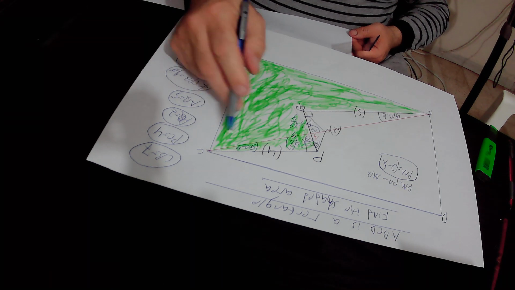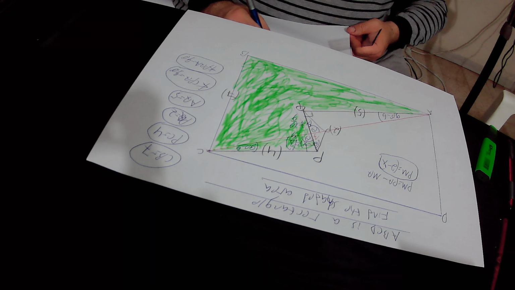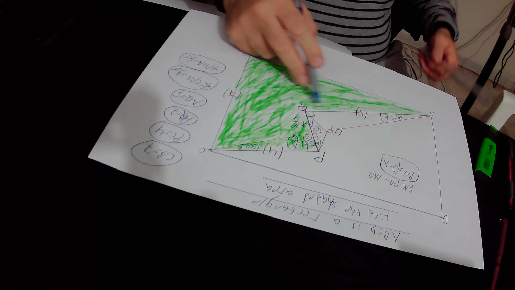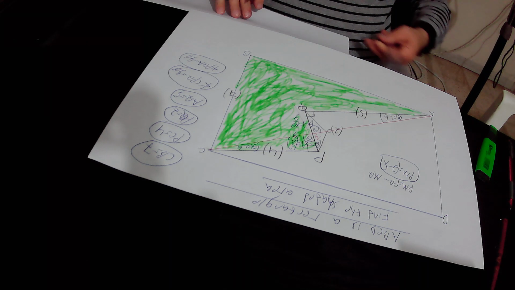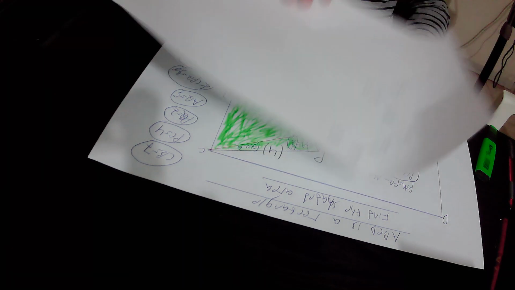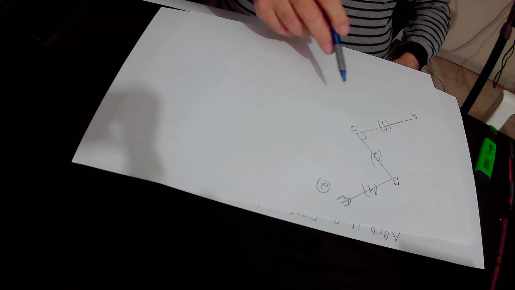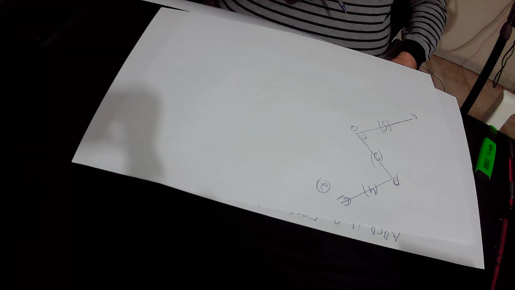Side PC equals 4 units in its length, and finally side PQ equals 2 units in its length. So actually this is the line AQPC that I copied from the original drawing.